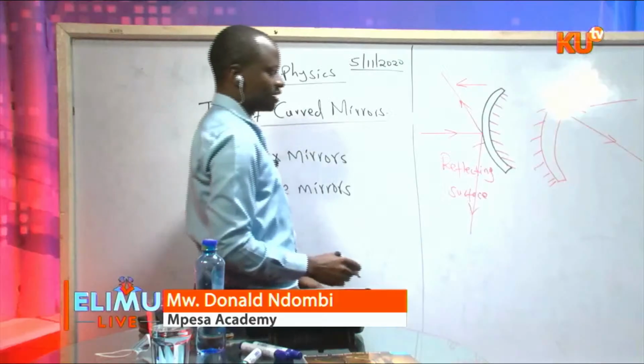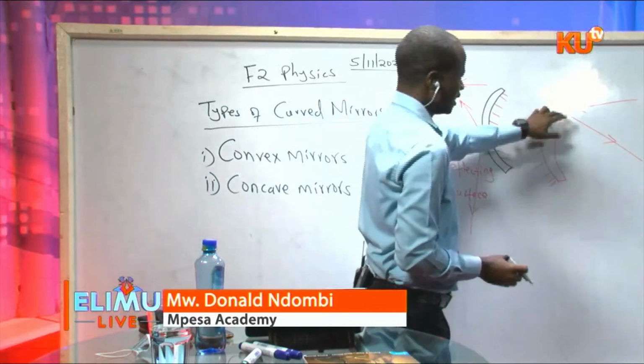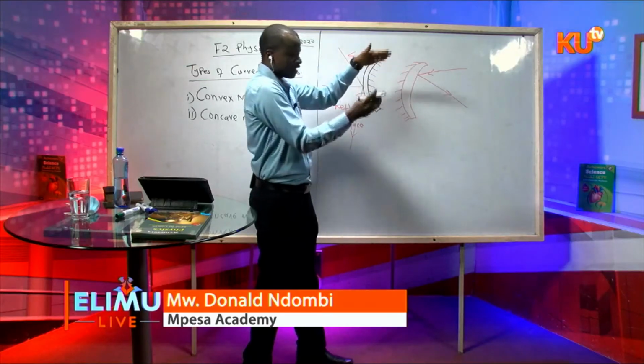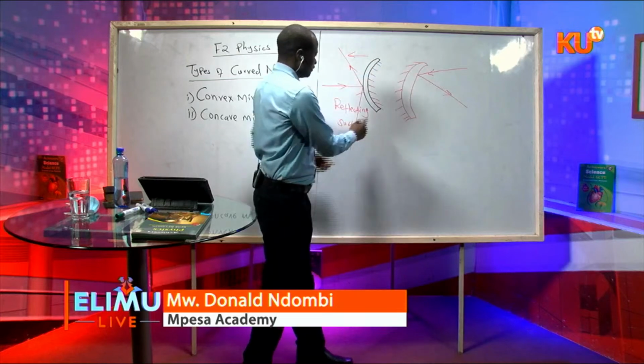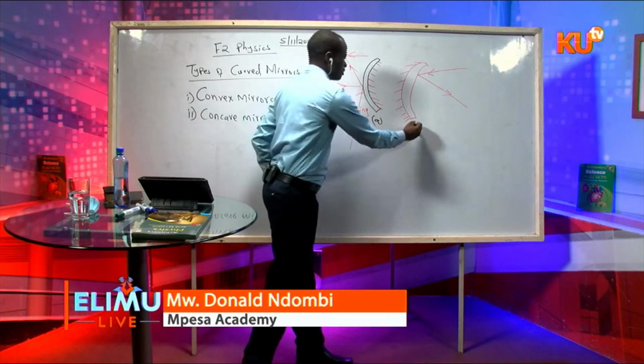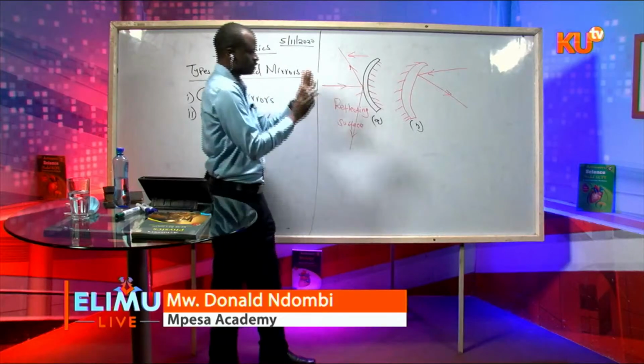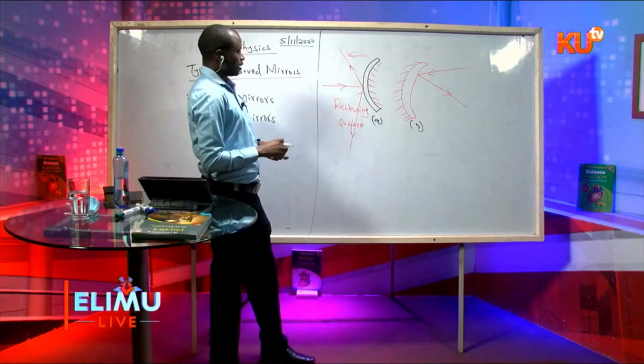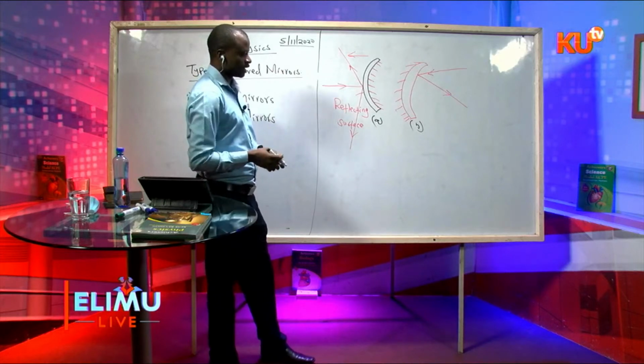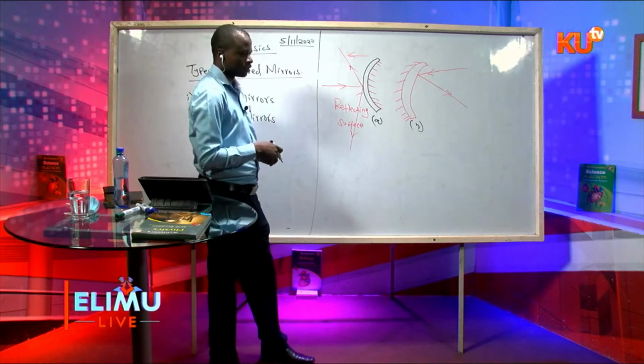Now for concave mirrors, the reflecting surface is inside. It curves inside. You can see, if this is my A and this is my B, for A, the reflecting surface is bulging outwards. Just call your sibling and mwambie akuletee kijiko.